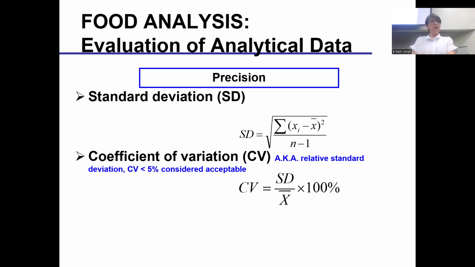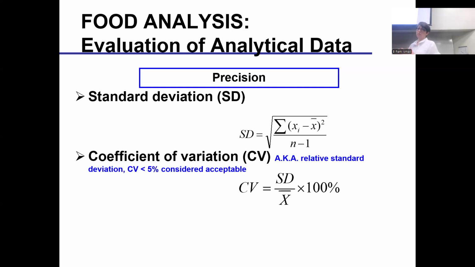Coefficient of variation is most important for determination of precision. And I'll give you an example of why coefficient of variation is in some cases more important than standard deviation. Basically, with coefficient of variation, you take into account the mean. So you correct for the size of the mean.